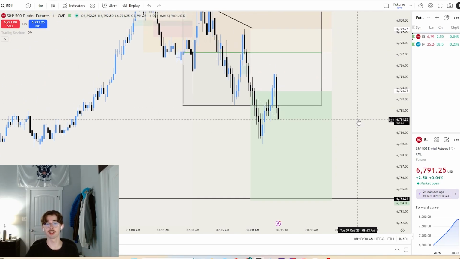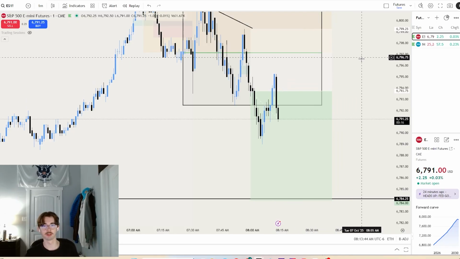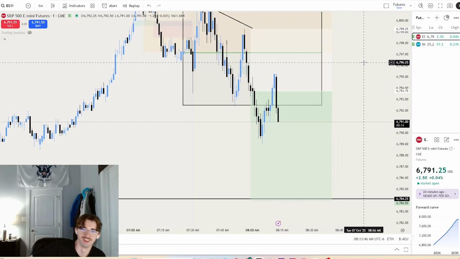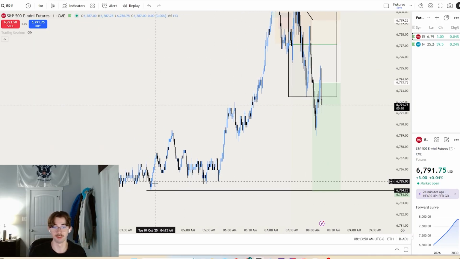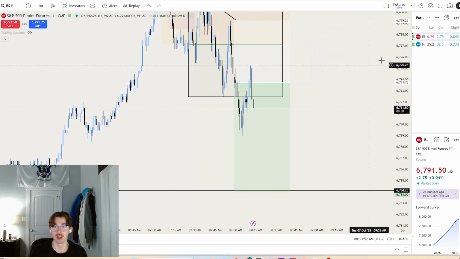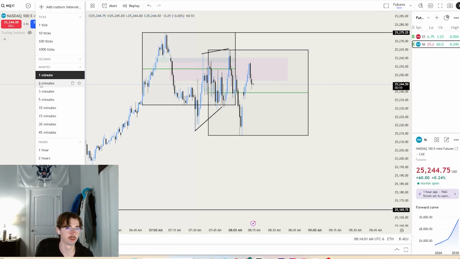So I should have stayed in this position, if I'm being fully honest. I think I was a little trigger happy. I do really think price wants to manipulate these lows. I think price wants to do that now. It's just that order flow is taking so long, and NQ is just consolidating like hell, which is not cool.